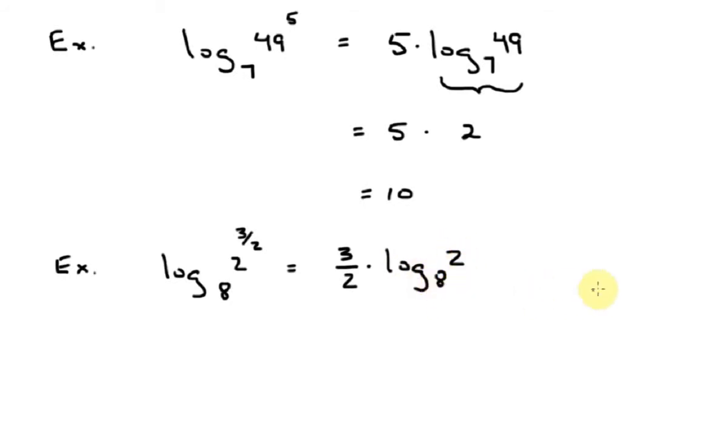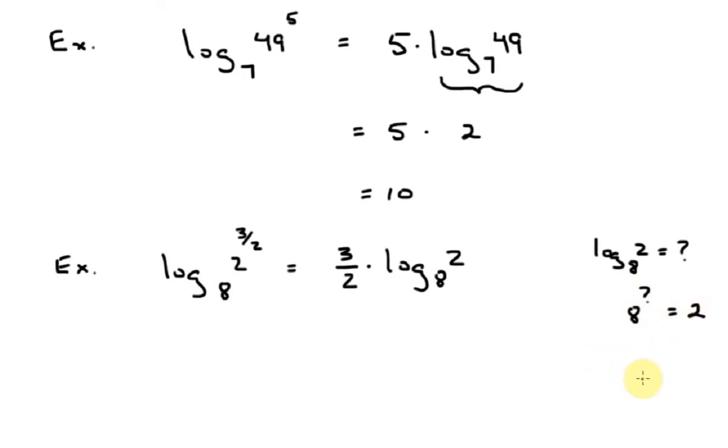Now this one's a little trickier, so I'm going to look at it on the side here. If you've got log base 8 of 2 equals something, it's kind of like saying 8 to the something has to equal 2. Now where it gets a bit tricky is, clearly this can't be a whole number, or else this whole thing is going to get bigger and bigger, and we want to make it smaller.